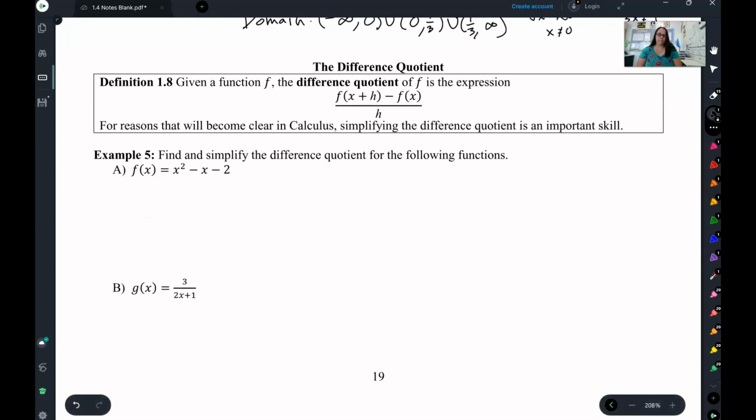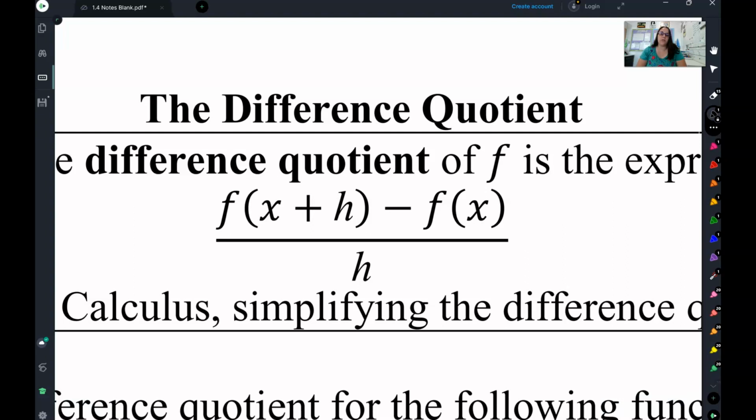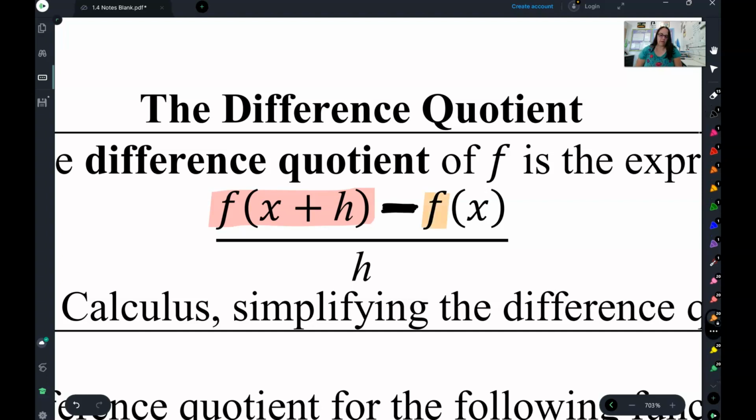So here we are. What I want to do is take this difference quotient first and show you that there are three parts to this difference quotient. I have this part, then I have a big subtraction sign. Next I have this part, and it is all over this part.